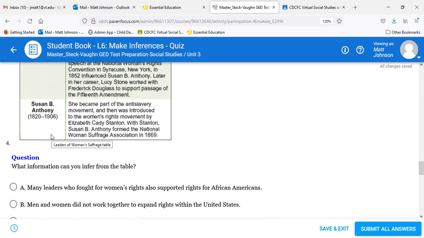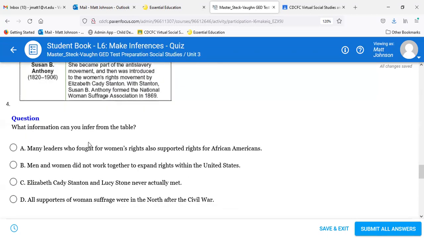Okay, Christiana, you want to read question 4? What information can you infer from the table? A, many leaders who fought for women's rights also supported rights for African Americans. B, men and women did not work together to expand rights within the United States.